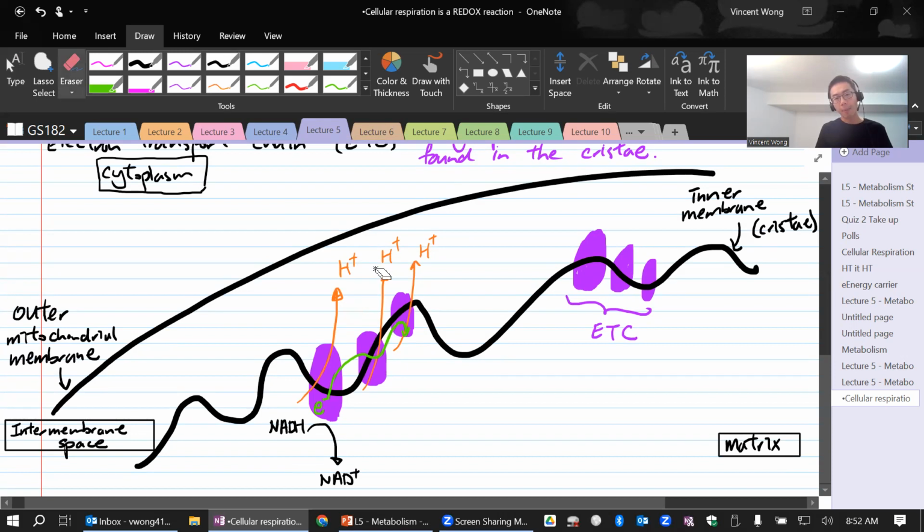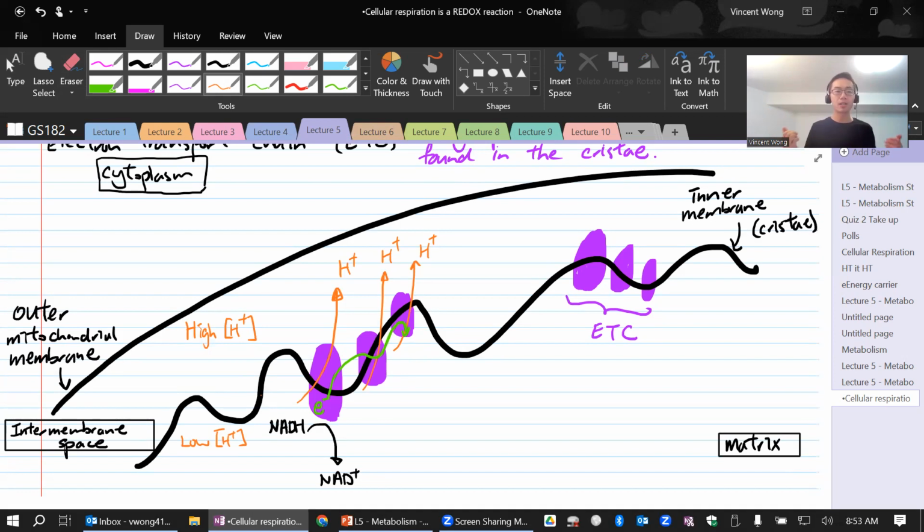As we keep on pumping H plus from the matrix into the intermembrane space, you are going to ultimately end up having high H plus concentration here, right? Because they keep on coming in, right? And over here, because we keep on getting them over to the other side, we would have low H plus here. So in this case, the ETC is working against the concentration gradient, from an area that's low to high. And that's why it needs some energy, okay?